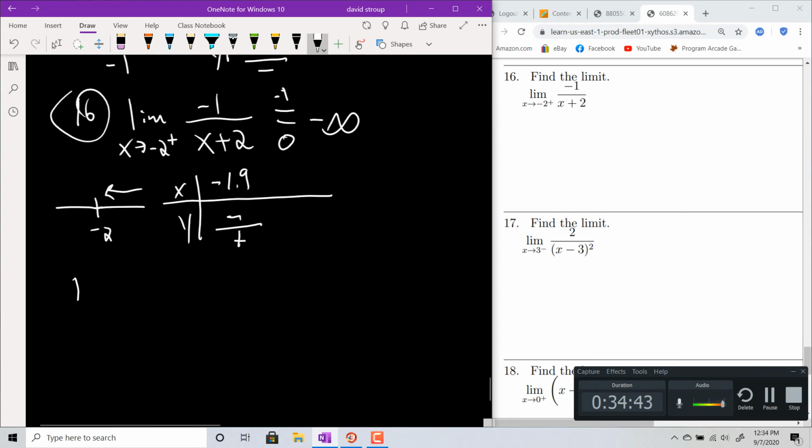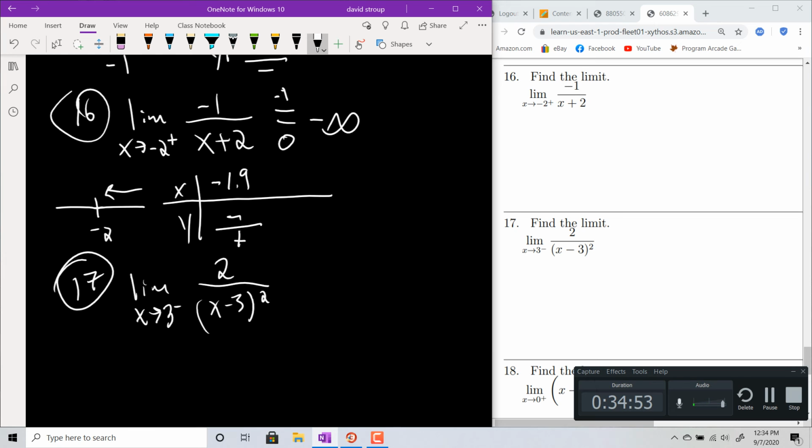Okay, number 17. The limit as x goes to 3 from the left of 2 all over x minus 3 squared. You try a substitution, and you'll get 2 over 0. You know it's either positive or negative infinity. Because the bottom is squared, it's always going to be positive over positive. In other words, I already know my answer. If you're not sure, you can still do your substitution.